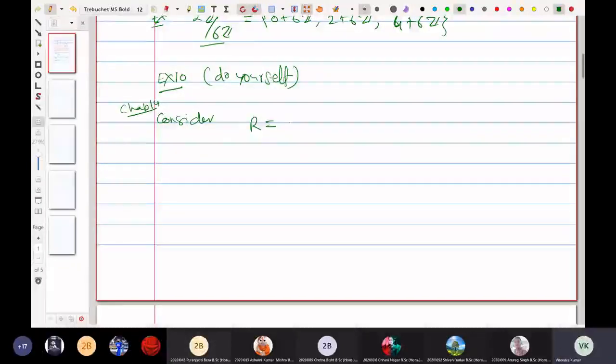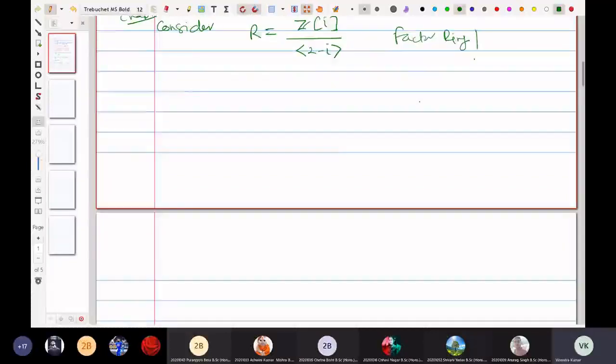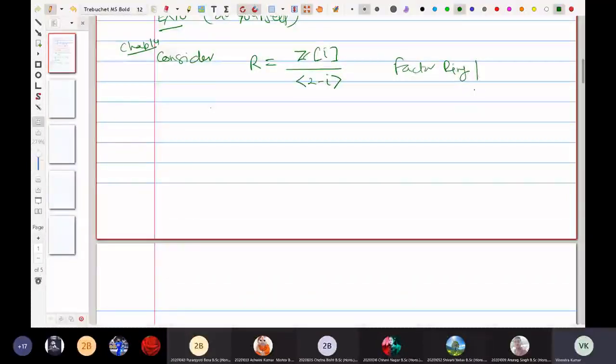Consider the factor ring Z[i] modulo the ideal generated by 2 minus i, which is going to be a principal ideal in Z[i]. So we can talk about the factor ring. Now the question is what is the structure of this ring and what kind of elements are we going to have here?